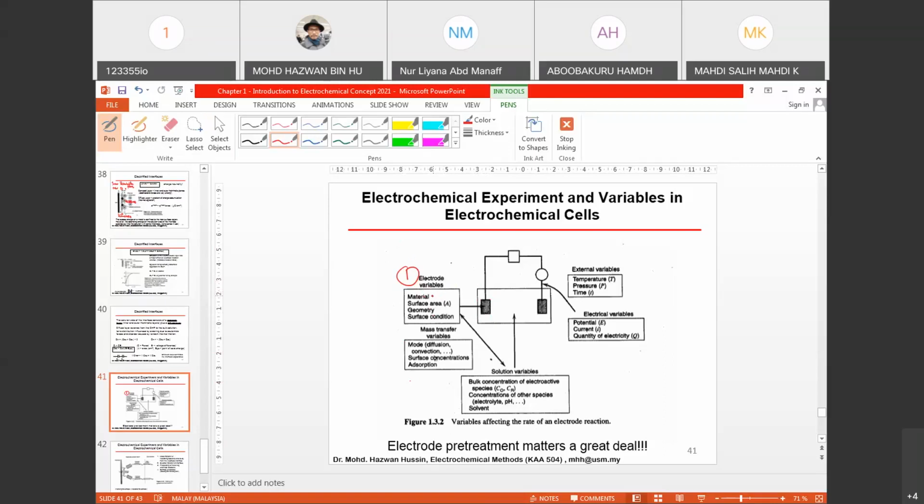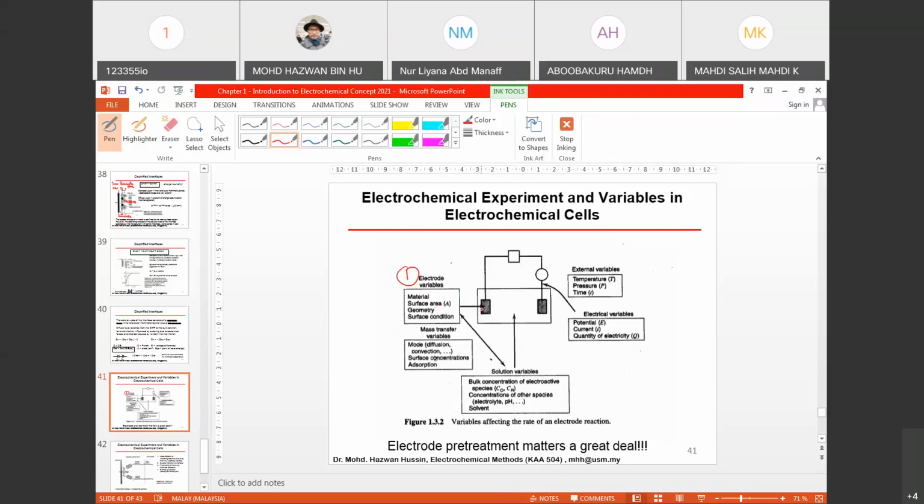Of course, the other thing is the material, which type of metal you use. It could be a reactive metal, like aluminium, or a less noble, less reactive metal like copper.